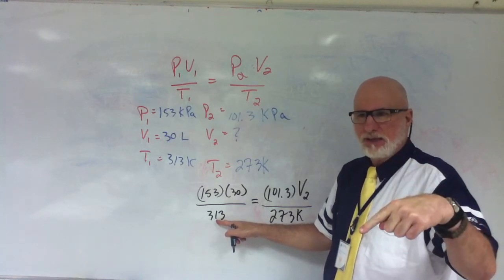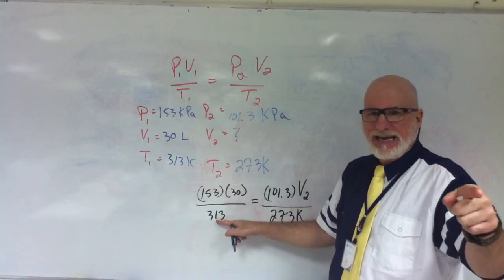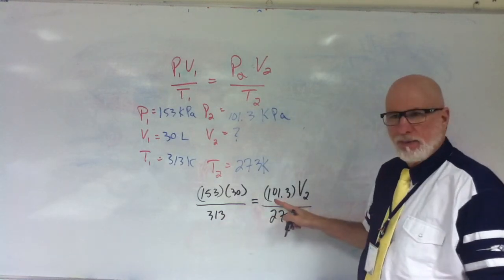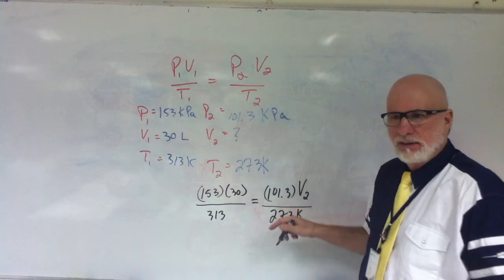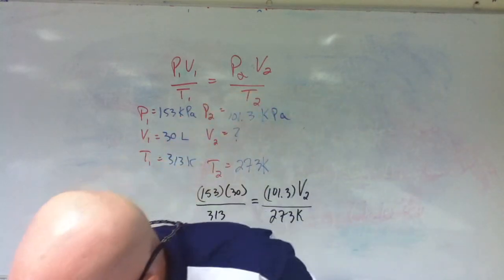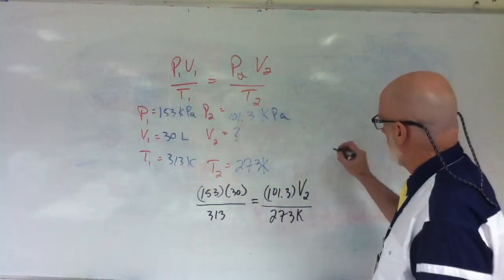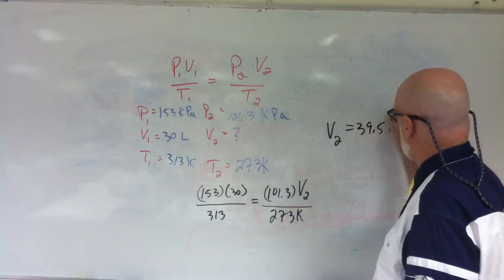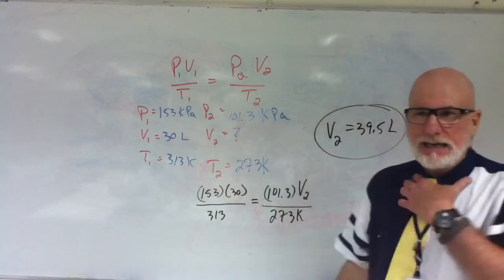Hit divided by again, 101.3. 39.2? Is that what you get? 39.5. V2 equals 39.5 liters.